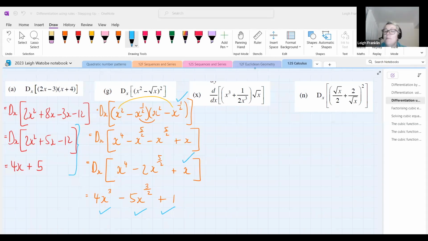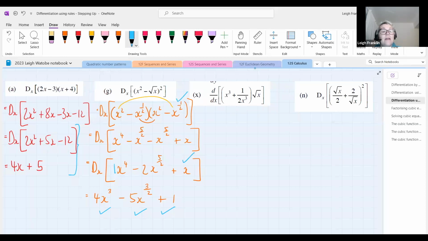Okay, you're applying the power rule. You're differentiating. So you are multiplying the exponent with the coefficient. The coefficient is 1. 4 times 1 is 4. Then you've got to take 1 away from the exponent. Okay, and then it's the same thing with the second term. You're taking 5 over 2, you're multiplying it with negative 2.